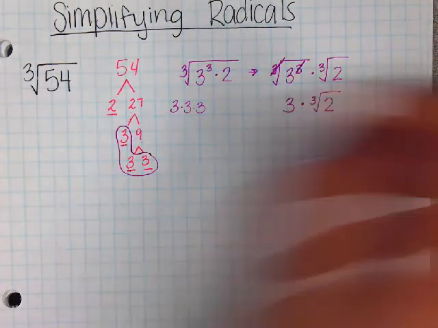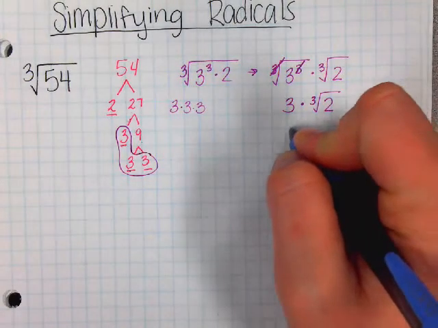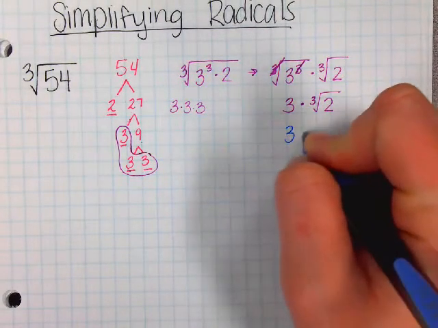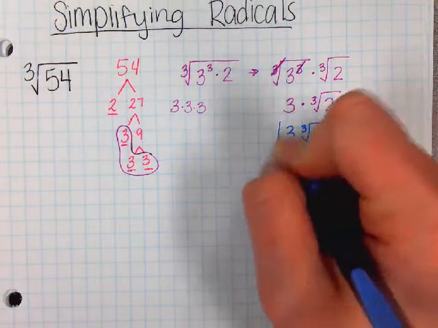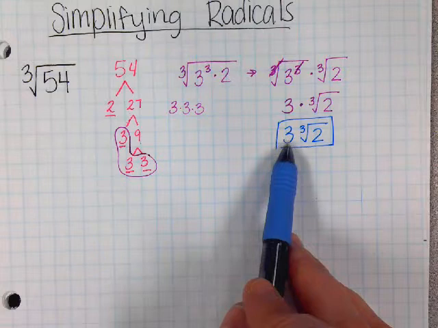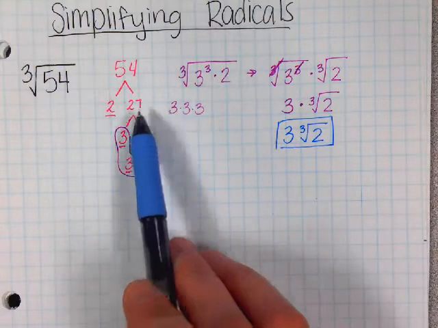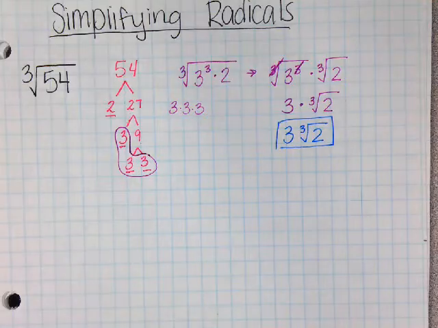And just like when we're multiplying numbers and variables, you don't even have to write the multiplication. You could say 3 cube root of 2 is the simplified answer, because 3 times 3 times 3 was 27, and 27 times 2 gave you 54.